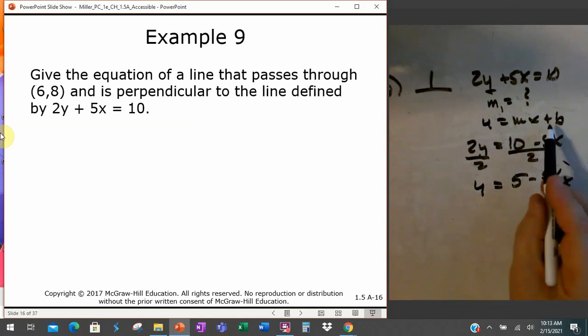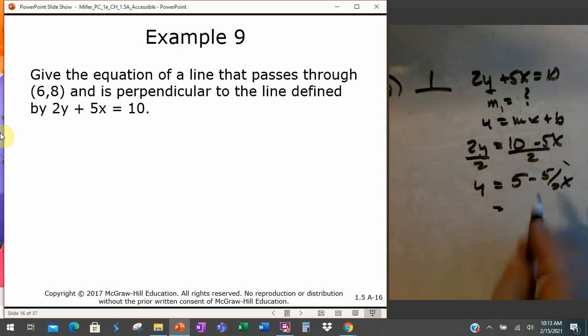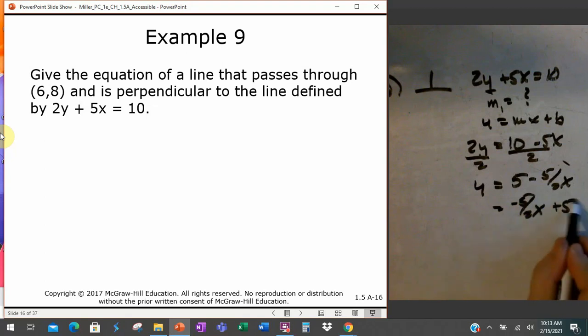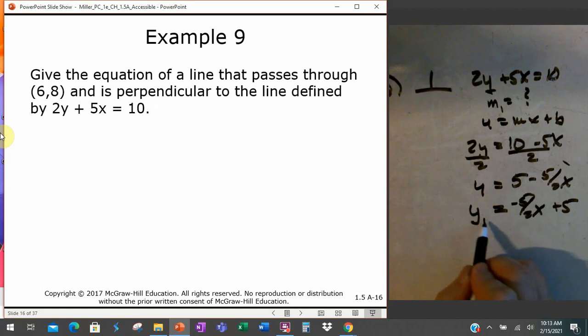And in standard form like this, I just switch these around: y = -5/2 x + 5. So this is really y1 with slope m1.